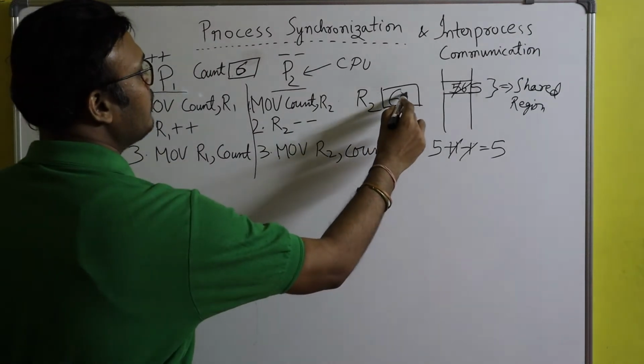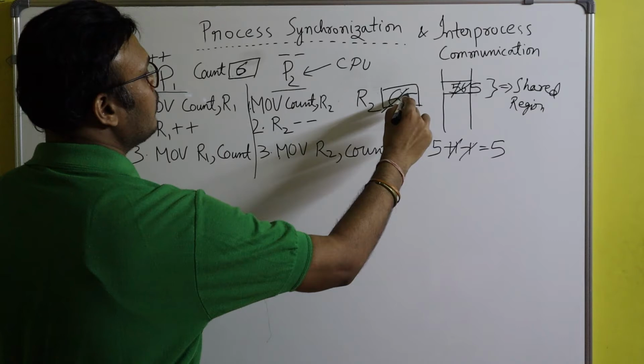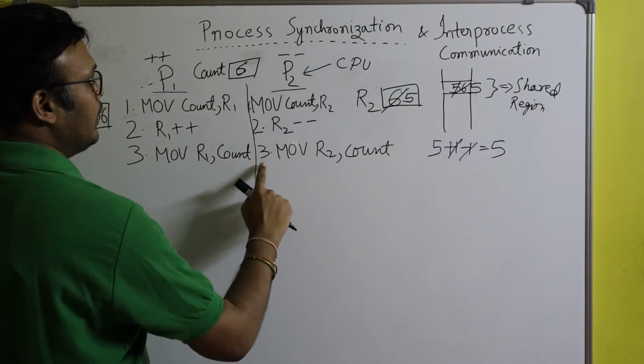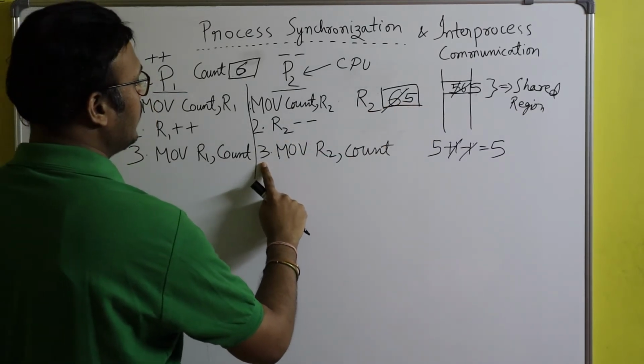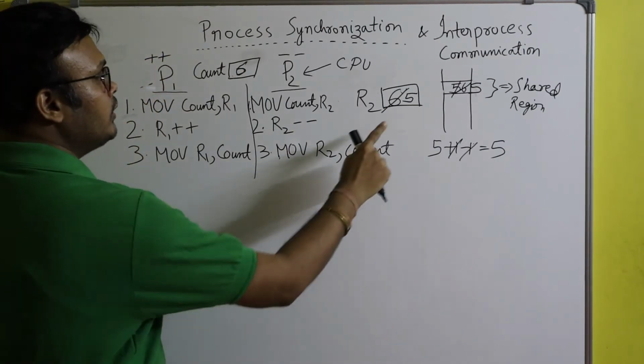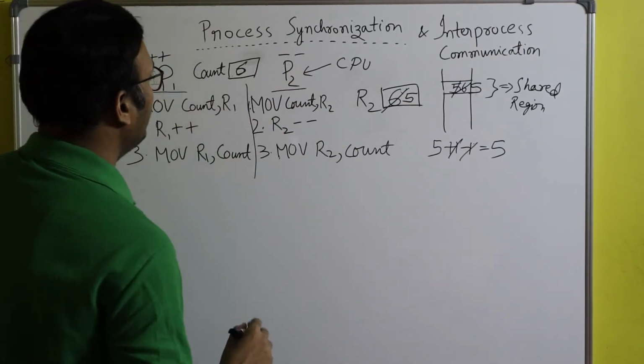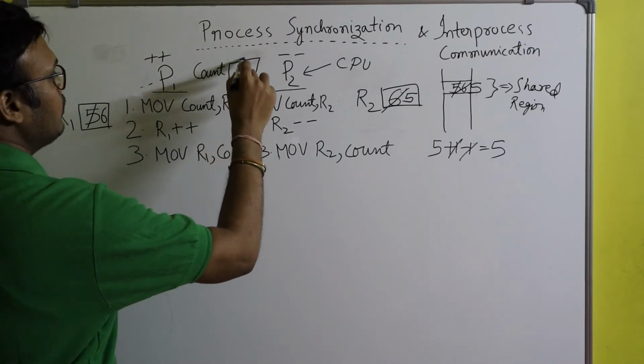The value will be decremented by 1, so the new value is 5. Now the third line will be executed. Move R2 comma count. So this value will be stored to count. So the count contains 5.